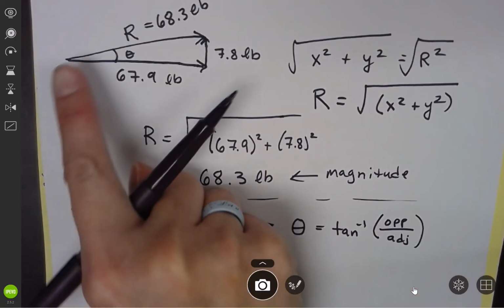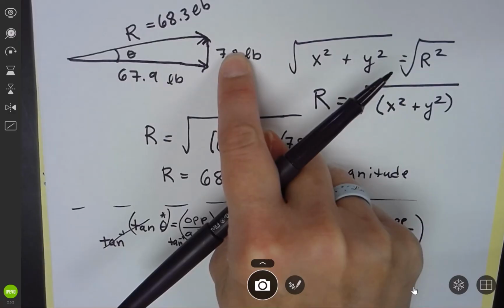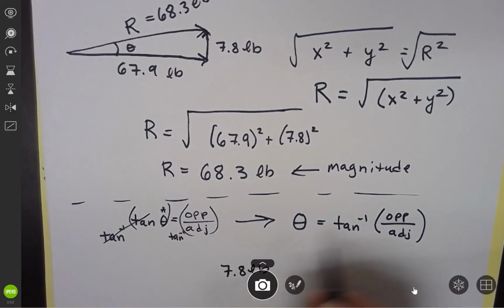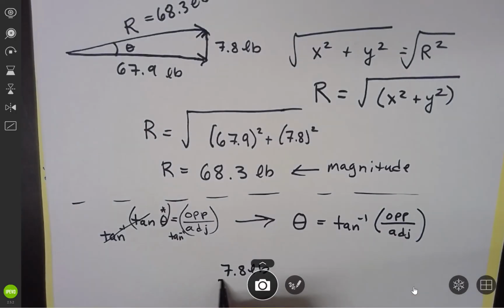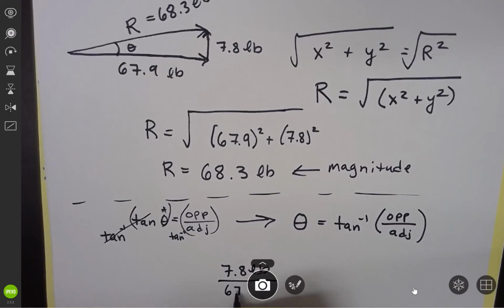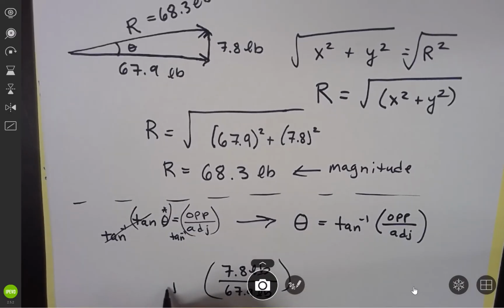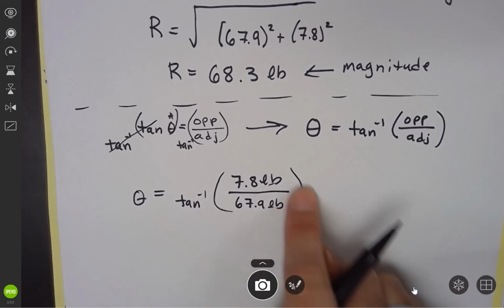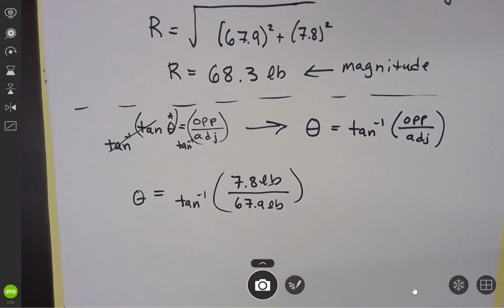I'm going to find the opposite side of that angle. So there it is, 7.8 pounds. I'm going to find the adjacent. That's right here, 67.9 pounds. And then in my calculator, I'm going to take the inverse tangent of this fraction right there, and that'll give me my angle.